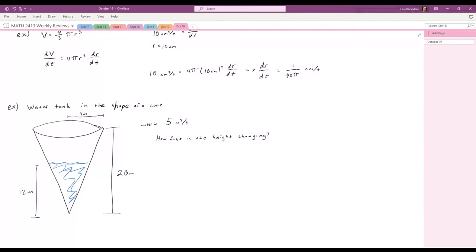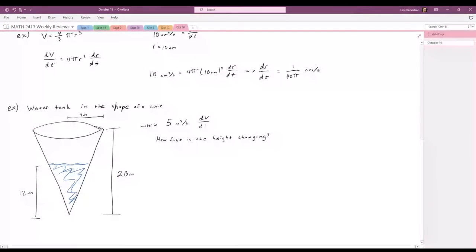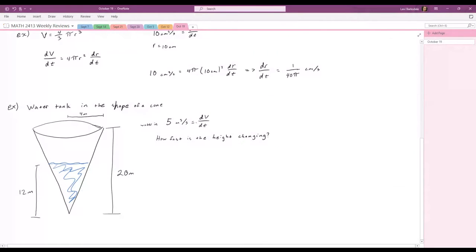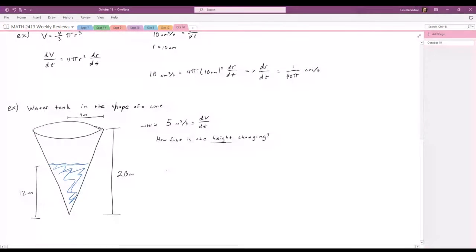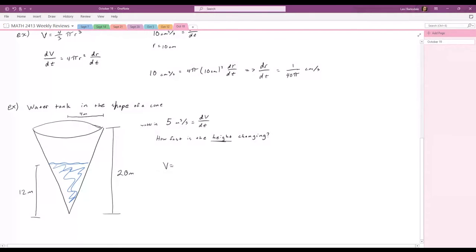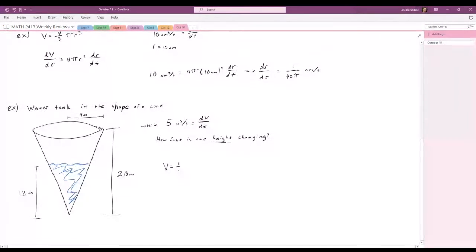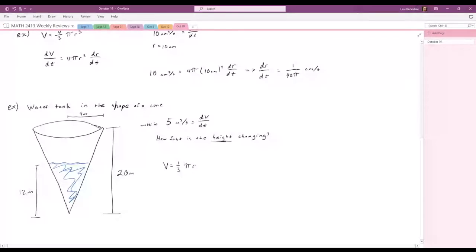So in this case, I'm looking to write an equation that relates volume, because I'm given dV over dt, and probably height, because I'm looking for something related to height. Well, I know the general formula for the volume of a cone. The volume of a cone is equal to 1/3 times pi r squared times h.